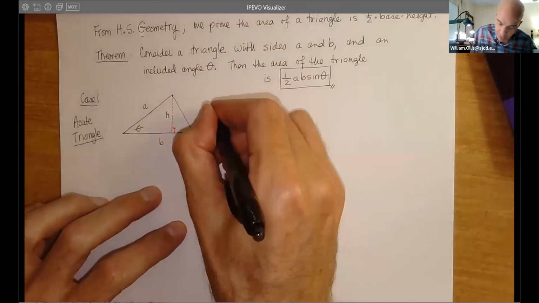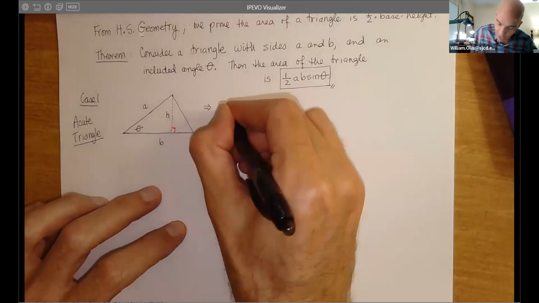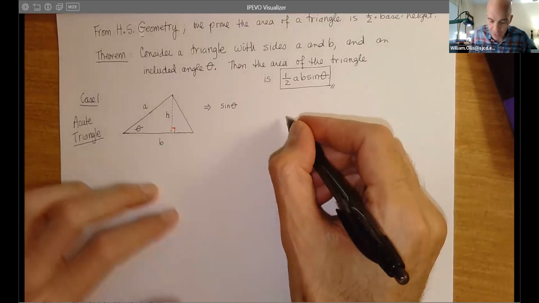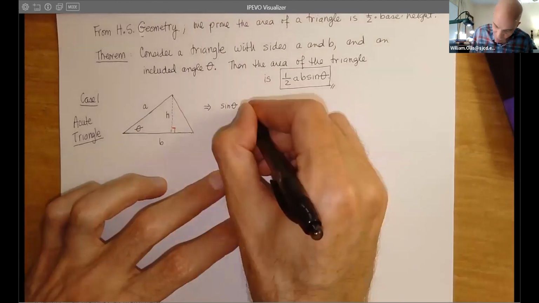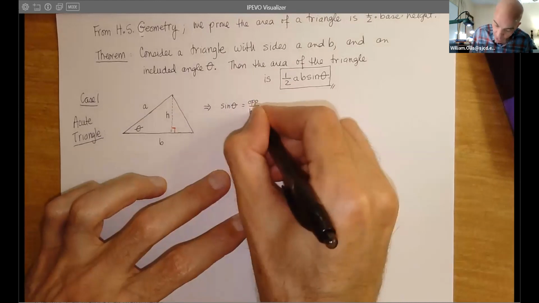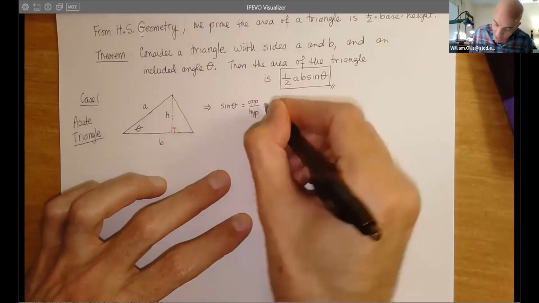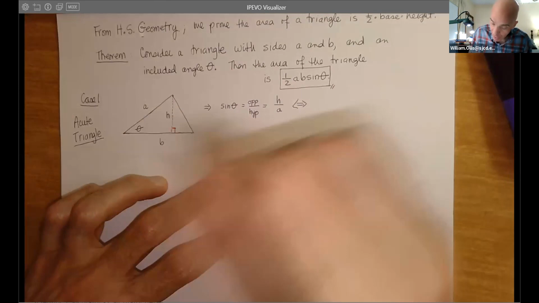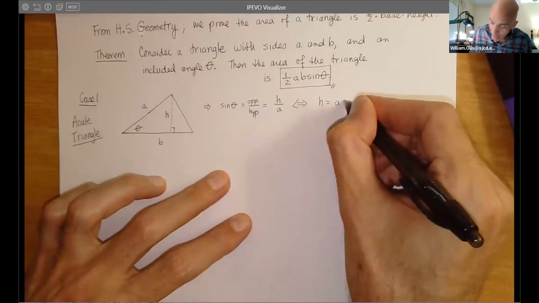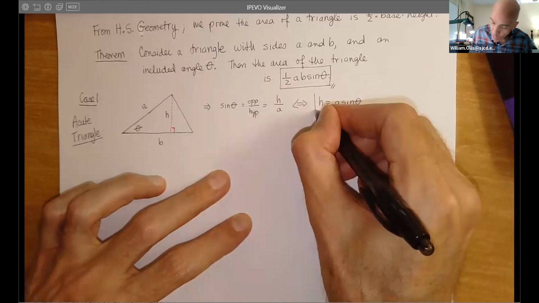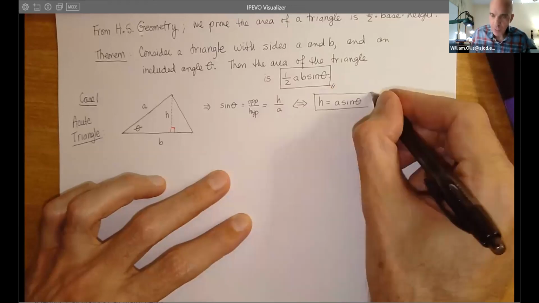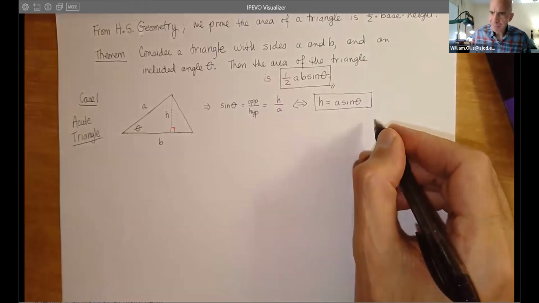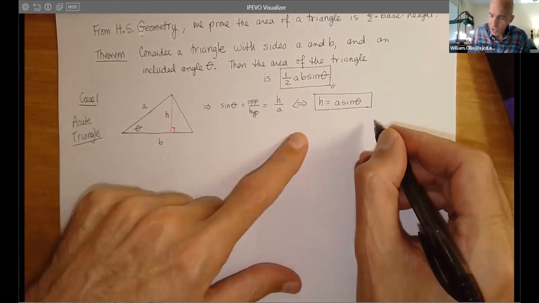So this implies that sine theta, so this is where these ratios of corresponding sides make sense, is opposite over hypotenuse, and that will be H over A. And so we can solve for H, the height, so that'll be H equals A times sine theta. We wish all proofs were this easy, but now we see that with this second interpretation of the trigonometry, we're like, well, hallelujah, that's so simple. Now we can just use the formula.